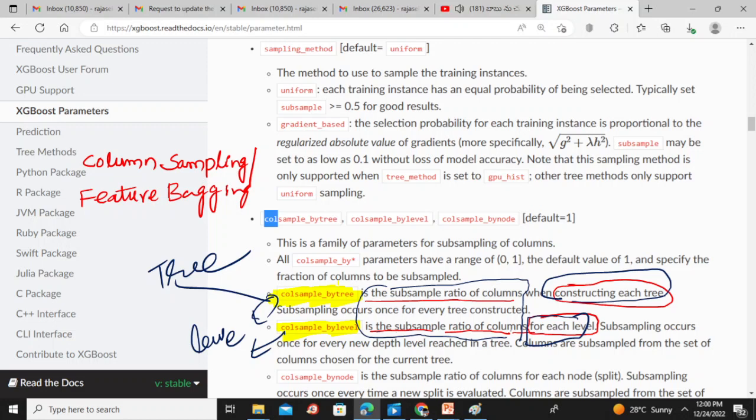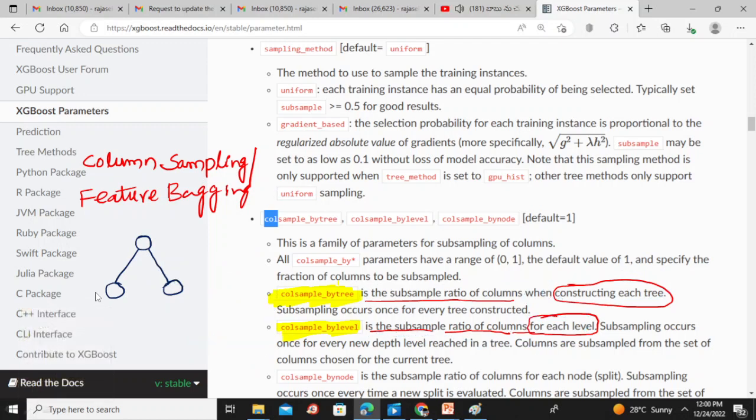At the same time, there is something called colsample_bylevel. When you are constructing any tree, you can check at the levels. By level means the subsample ratio of columns for each level.